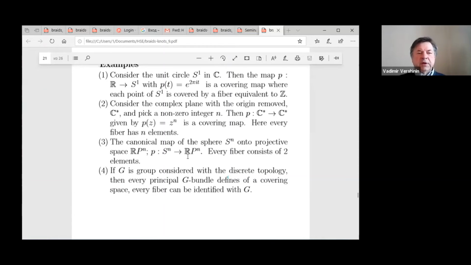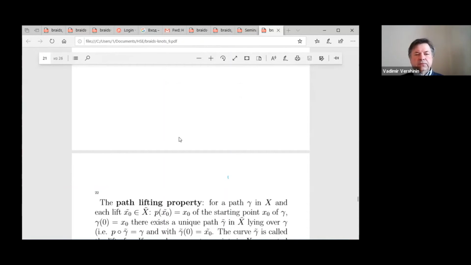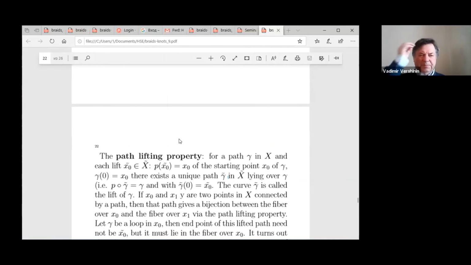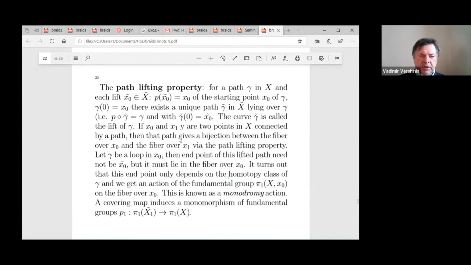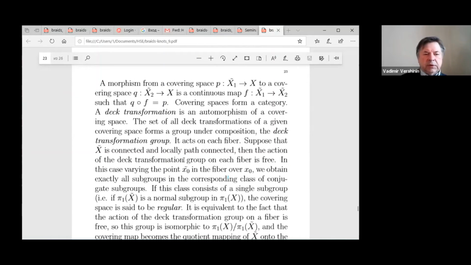If you consider again RP^n, you have a two-sheet covering of the group. Okay, so it has the path lifting property. I wrote it down, if you want you can read it, but I think we don't have time to do this.